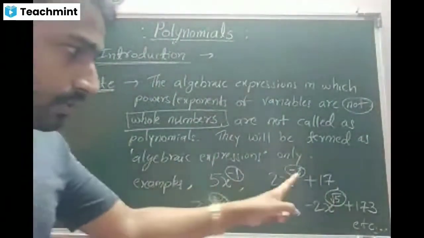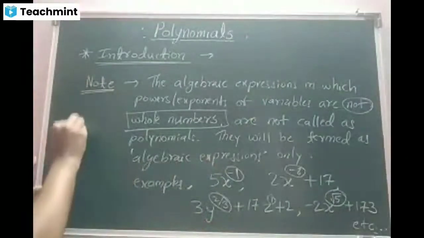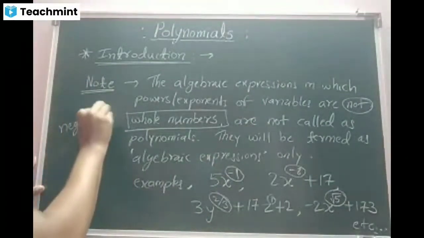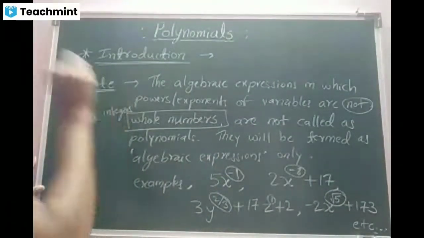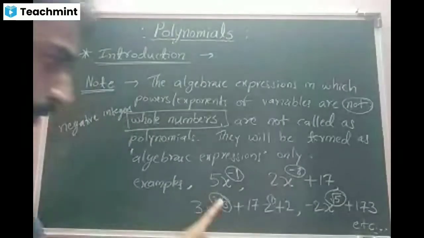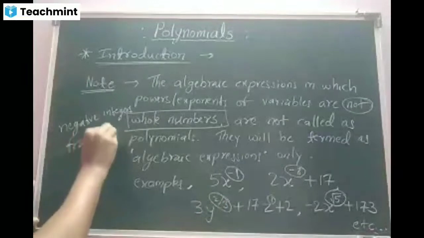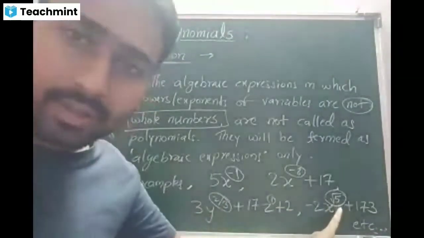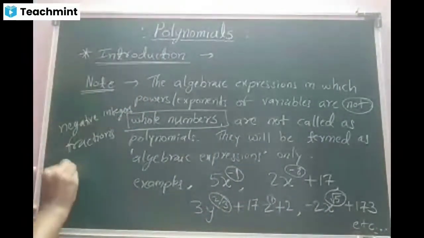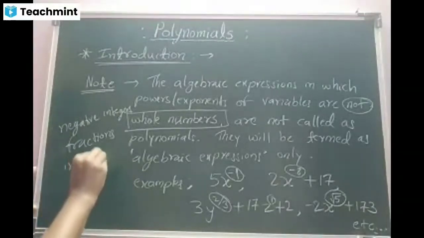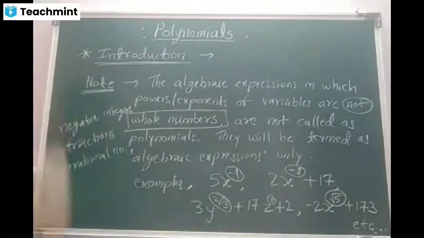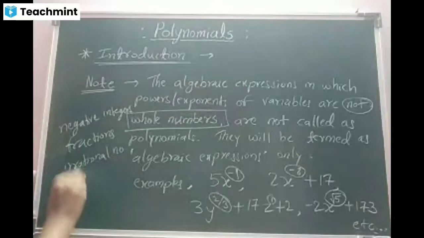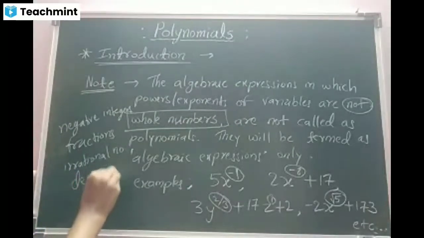If you come to these, these are negative integers. Such things will be referred to as fractions. If you come to this, it is an irrational number. But there is one more possibility, maybe decimals.